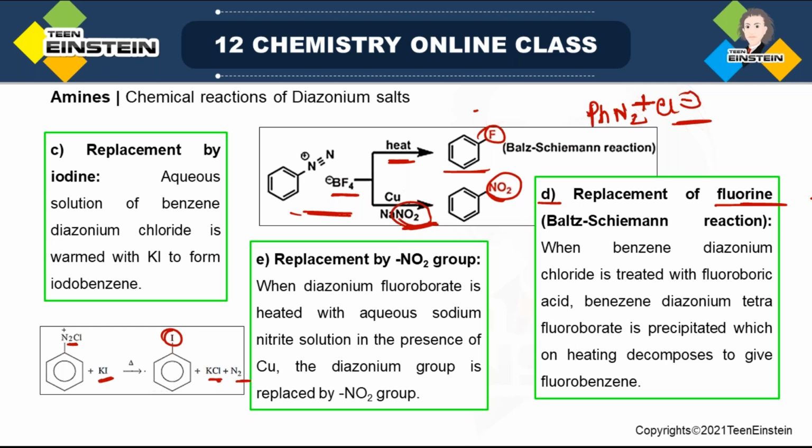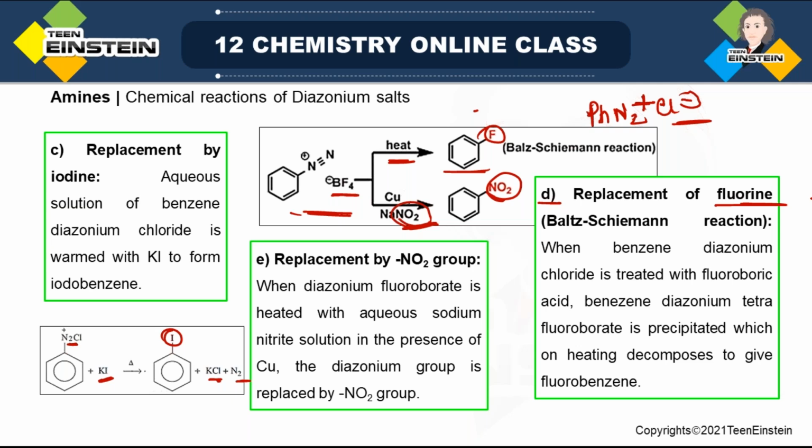So remember, why are these reactions so important? When you directly want to insert fluorine in a benzene ring, it is really difficult. If you want to use fluorine gas directly, this is really difficult because fluorine is very reactive, so many other undesired compounds will be formed. But if you really want to get only fluorobenzene with high yield, this method is better.